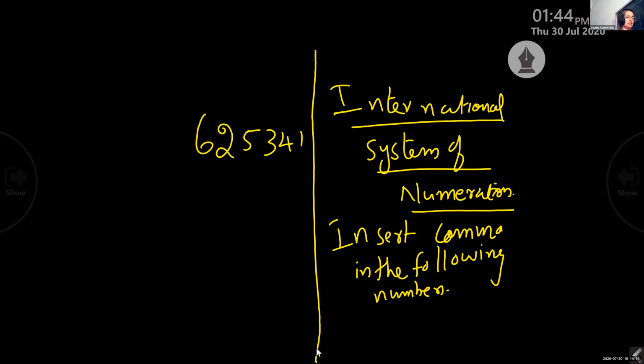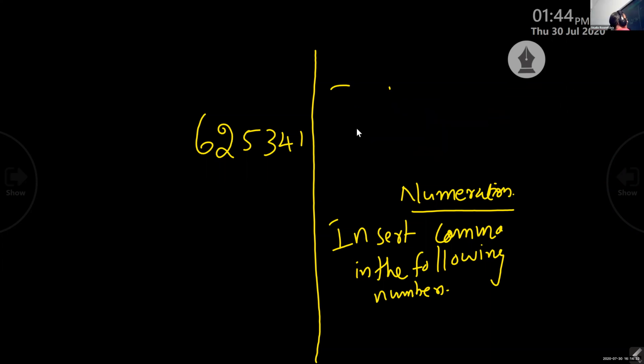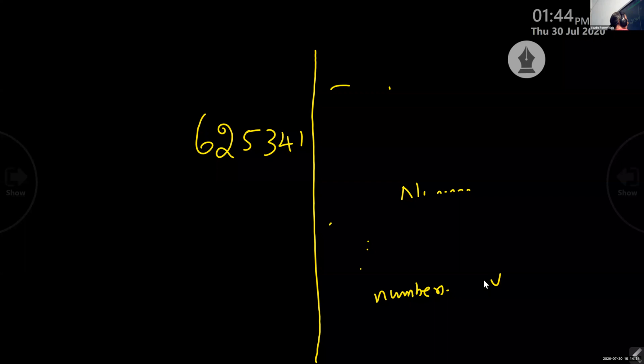First we are starting with 6 digits. Shall I rub the heading? Yes, ma'am. International system of numeration, insert commas in the following numbers.